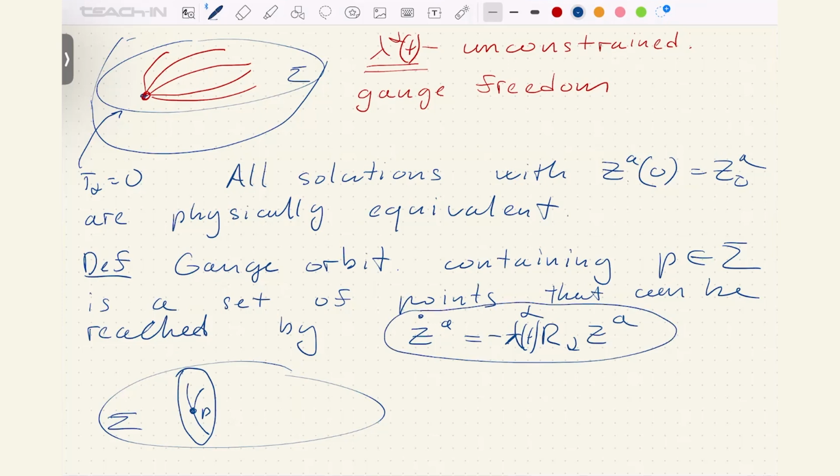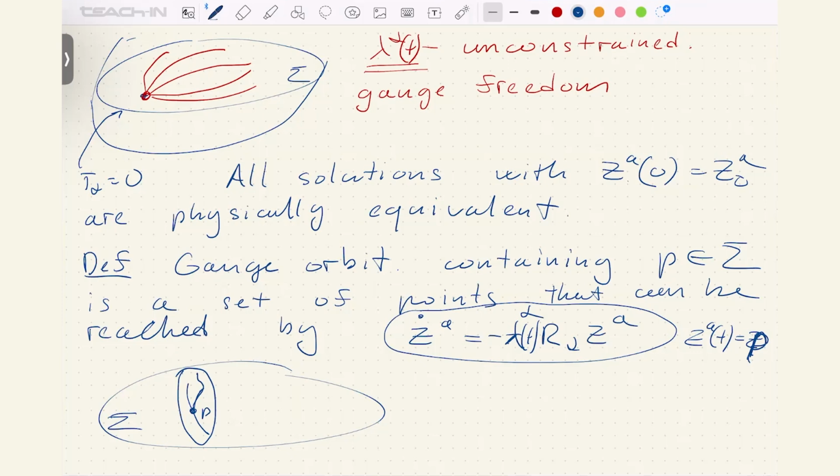So we pick our initial data, z A of t is z, well, let's identify coordinates and points, is our starting point P, and then we get somewhere. Our points start to evolve, and the collection of all these points which are reachable by this is called gauge orbit.